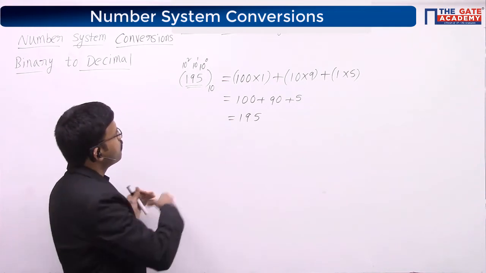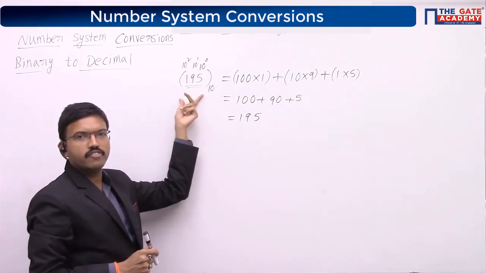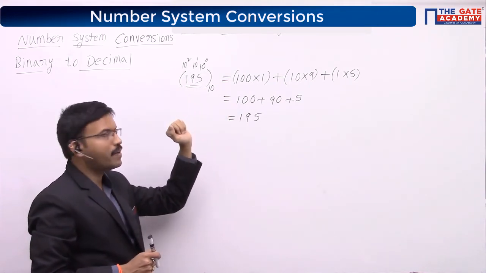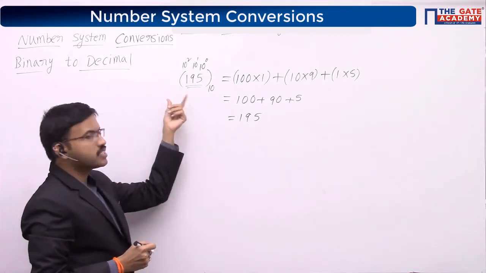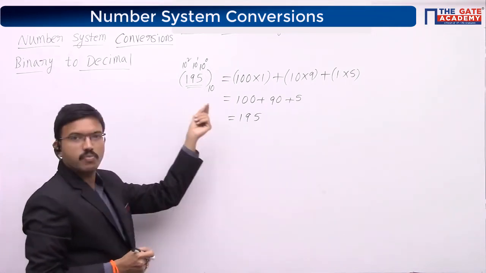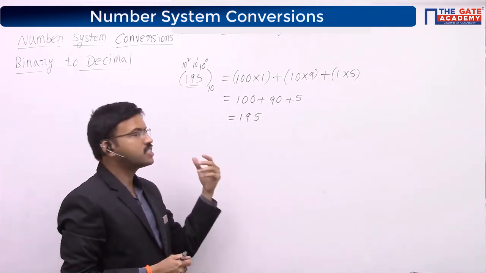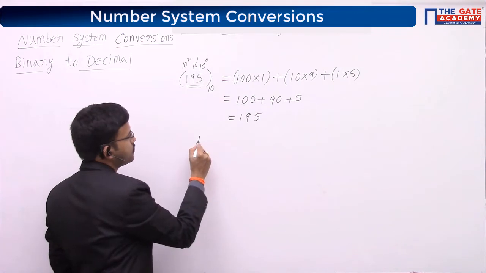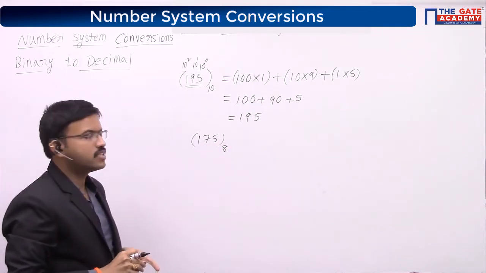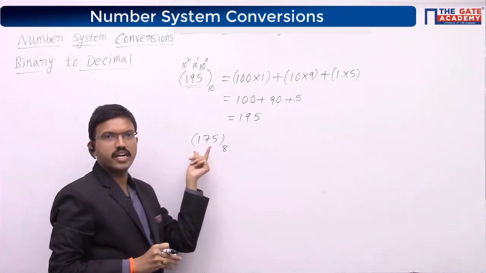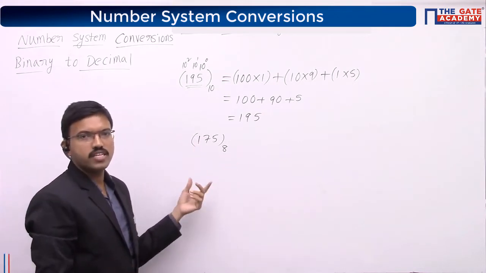But if this number belongs to, suppose, octal, there you cannot say 195. You have to call it digit by digit. Of course 9 won't come in octal, but suppose some other number is there, say 175. If it belongs to an octal number, there you should not say 175, because the equivalent value will change. We'll see how a little later.